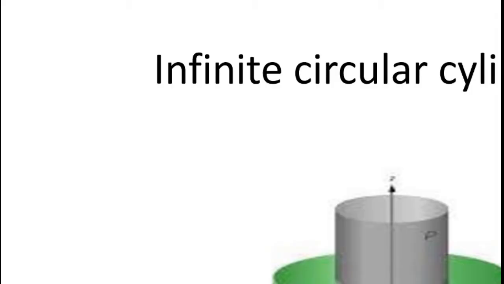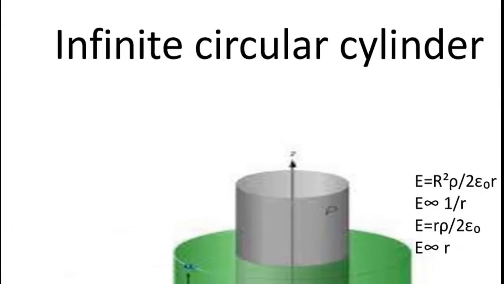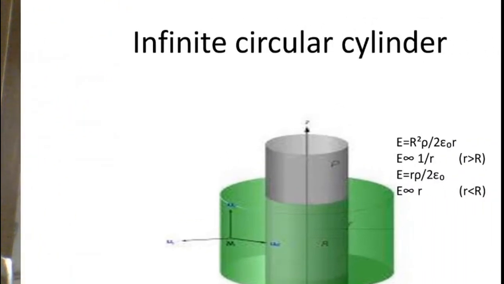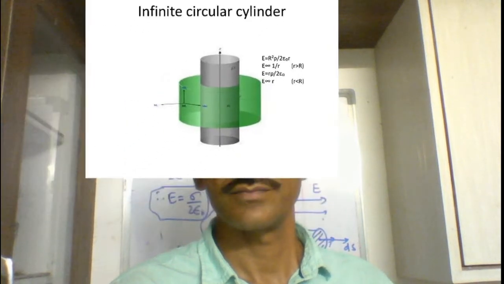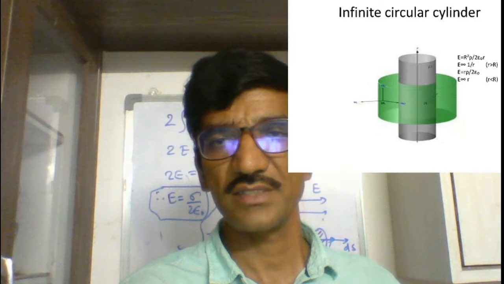Now you can see the infinite circular cylinder. This is also an infinite object. We are considering its longitudinal dimensions to be infinite. Now you can see this here.